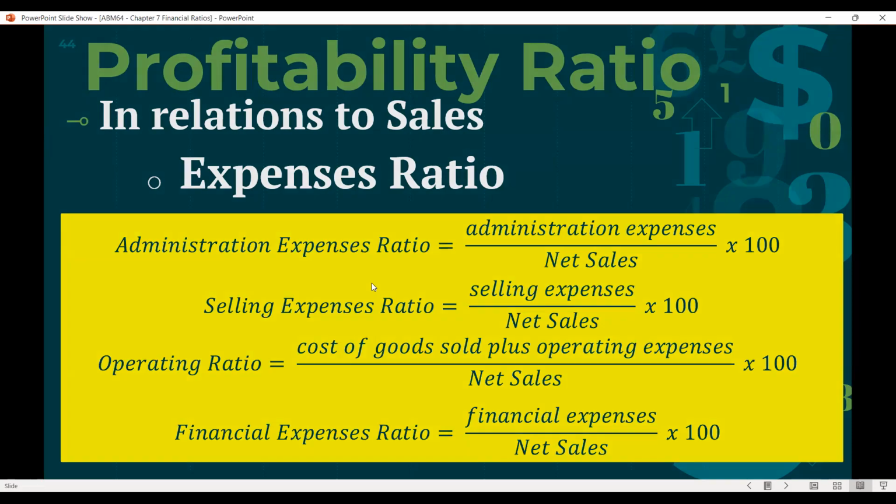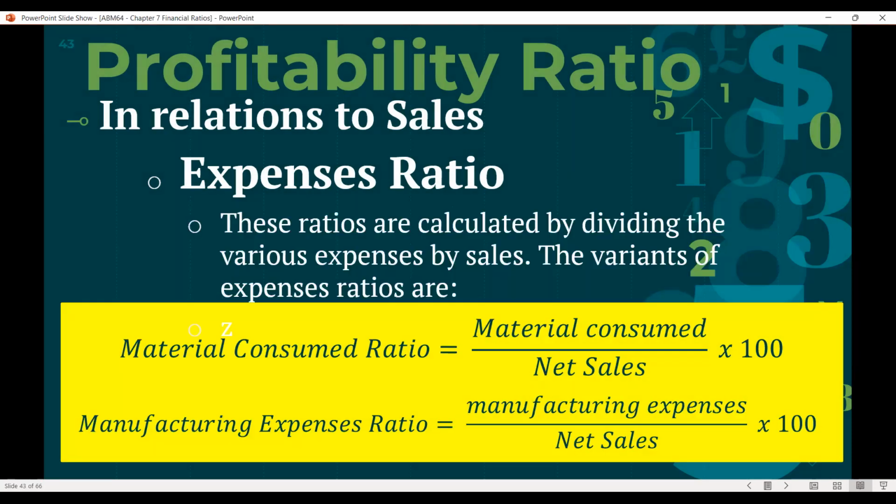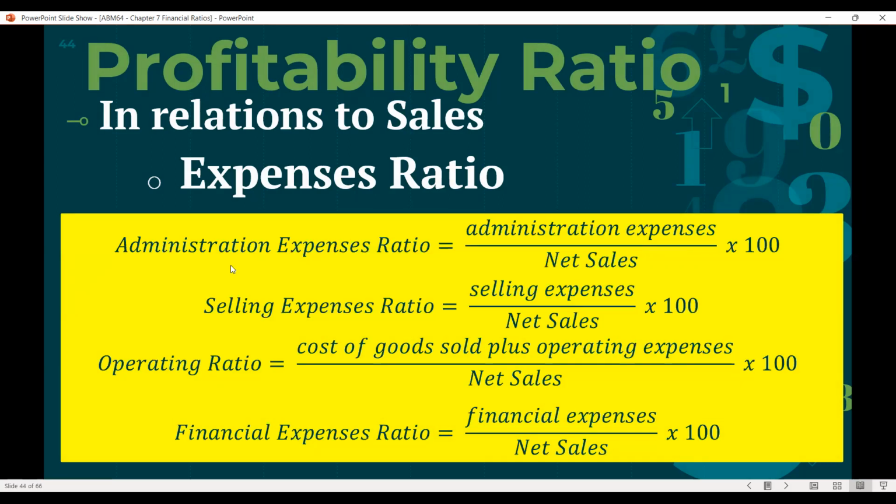So for expense ratio, if possible, each category of your expenses shall be calculated, okay, based on your net sales. So you'll know which part or which area of your expenses is greatly affecting your company. Asa dapit ani sa ila ang pinakadakong expense. May it be in the material, the manufacturing, in the administration, in the selling, in the operation, or the financial expenses.